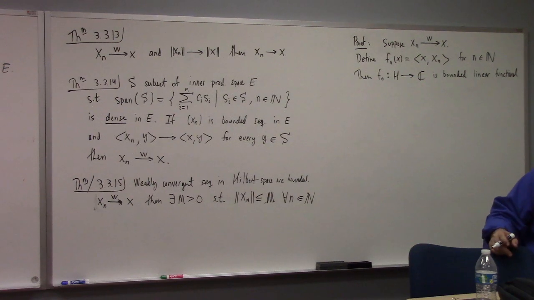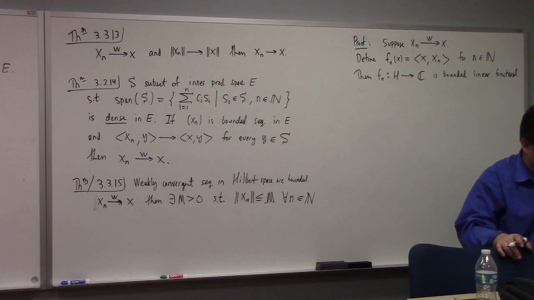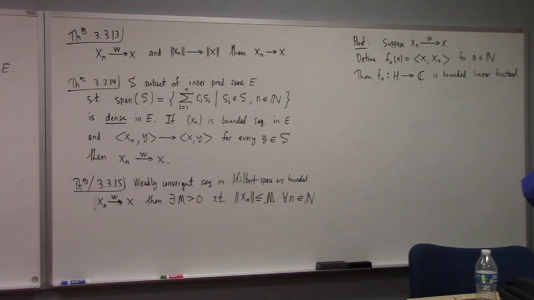How? Wait, what? Hold on a second here. Wait a minute. So we've got to think about what we're proving. We're assuming what? We're not assuming it's bounded. That's what we're trying to prove, right? Weakly convergent. Oh, yeah. Oh, sorry. Yeah, it's bounded. Okay.